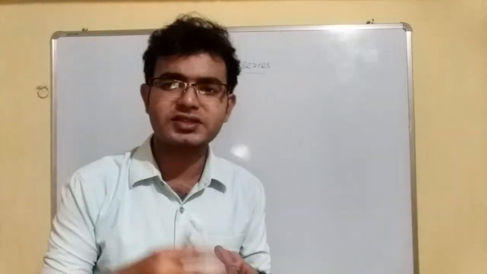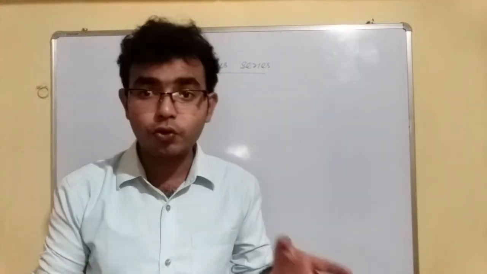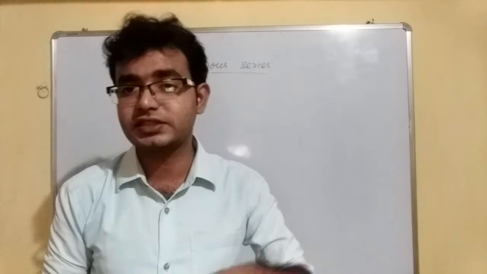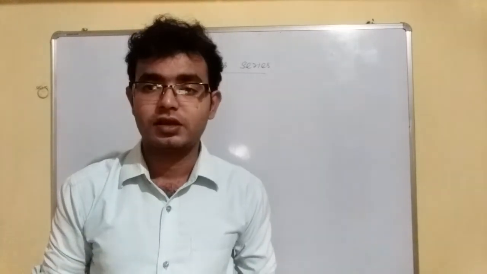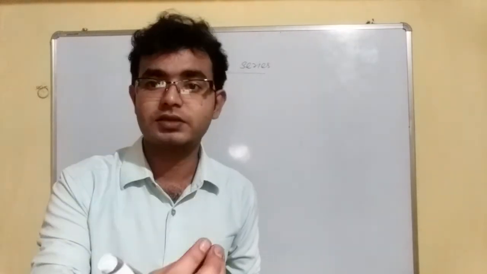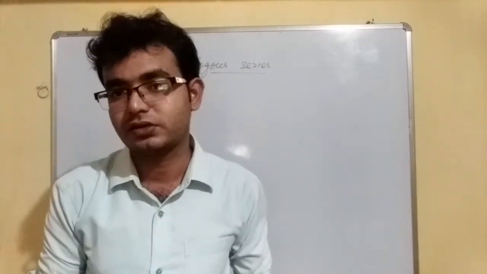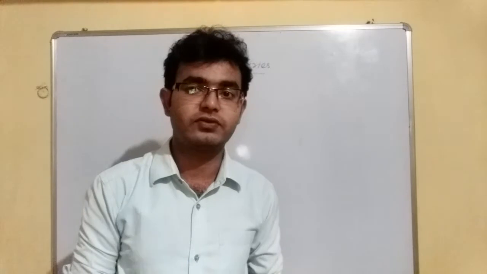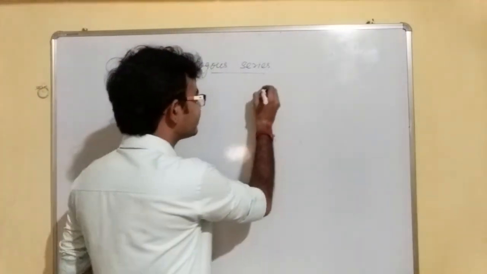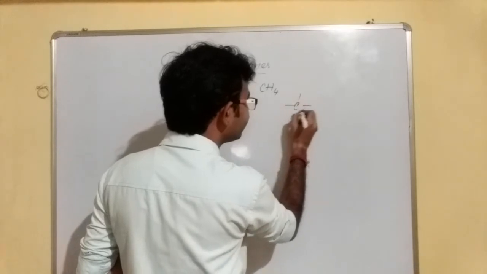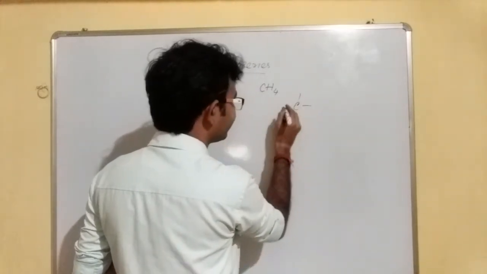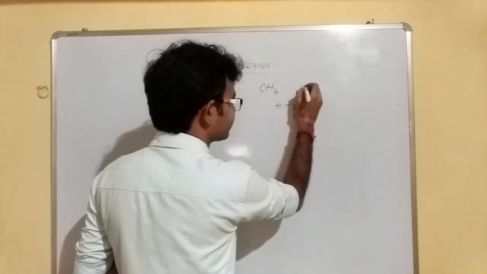A functional group is an atom, a single element, or a group of elements which displaces one or more hydrogen from a carbon chain and provides some particular properties to that compound. If we take the example of CH4, here one carbon atom is connected to four hydrogen atoms, right?